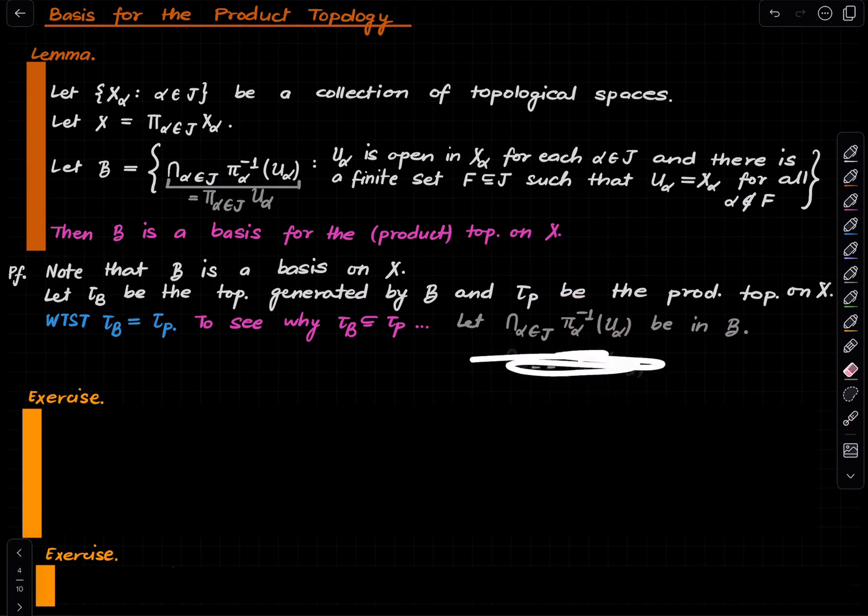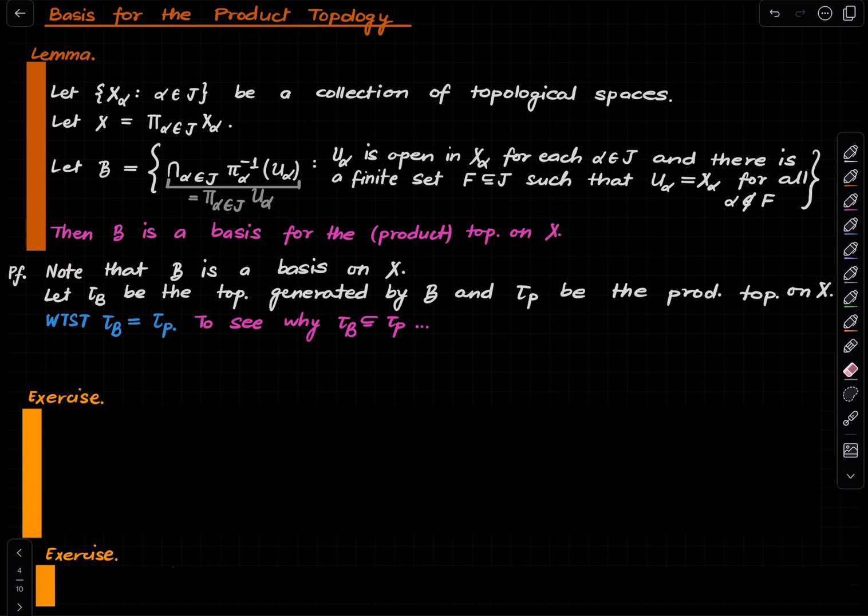So that's the reason why this thing is actually open in the product topology. So I'll not write anything. What have I done? I have chosen an arbitrary basis element, and I have argued why that thing is actually in the product topology. And therefore, this containment has been justified. Let me not write anything, and you can write everything in your notes.